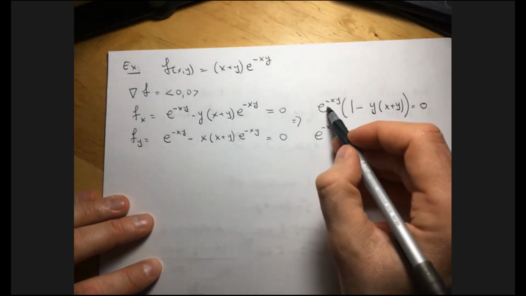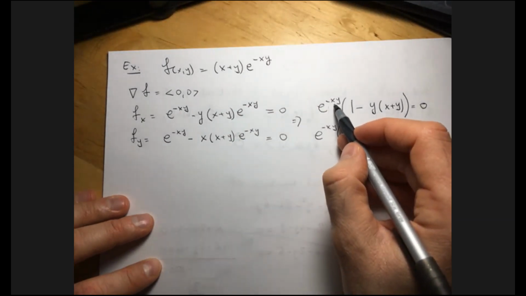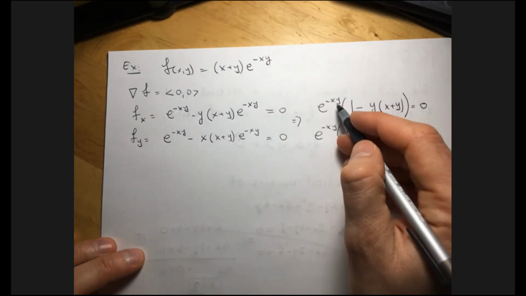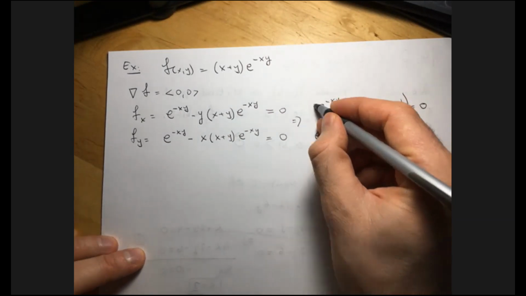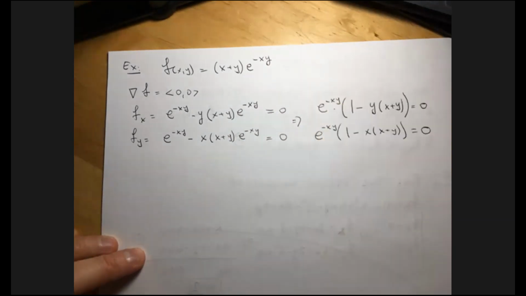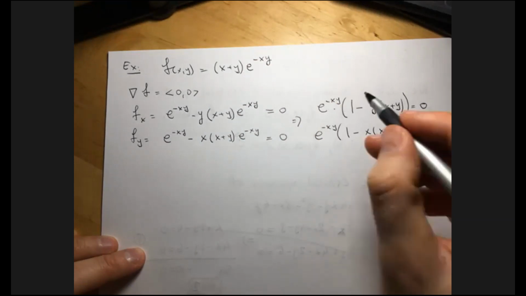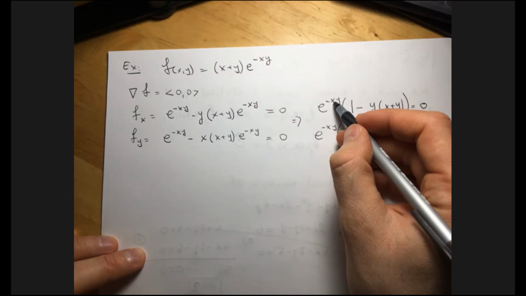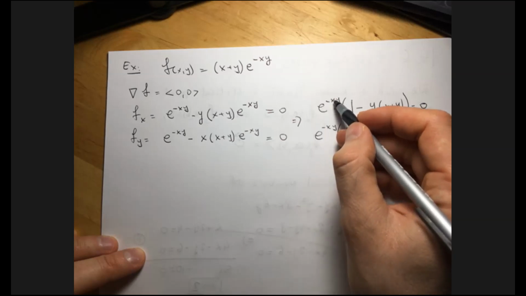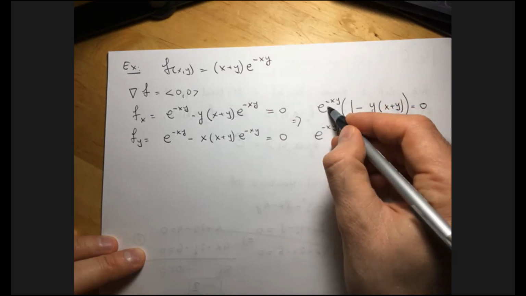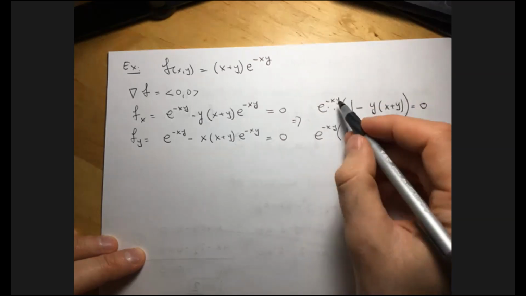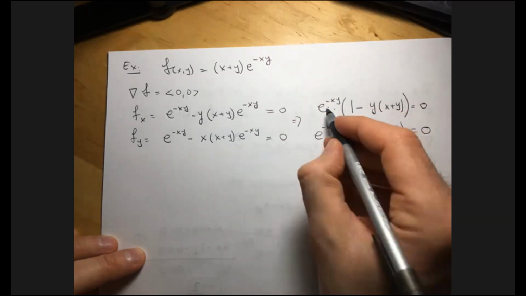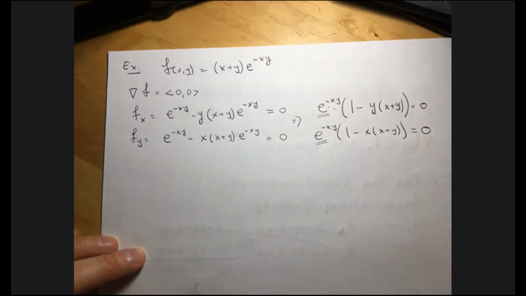Now, the function e to the power negative xy will never be 0, right? This factor here cannot be 0 for any x, y. Even if one of them is 0, if both of them are 0, e to the power 0 is 1. So this can never be 0, which means that I can divide both equations by this expression, because again, it will never be 0.